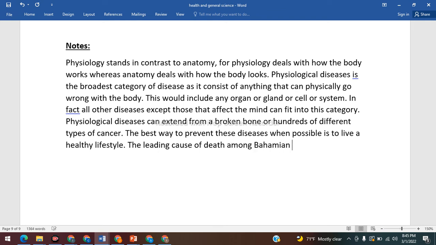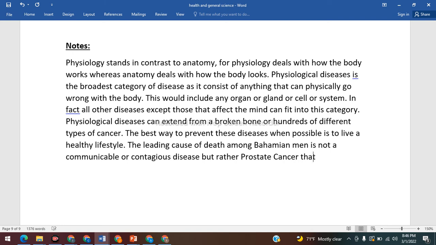No. It is not a communicable disease. When we say communicable, that means it could be contagious. AIDS? No. Diabetes? It's prostate cancer. Very good. Prostate cancer.